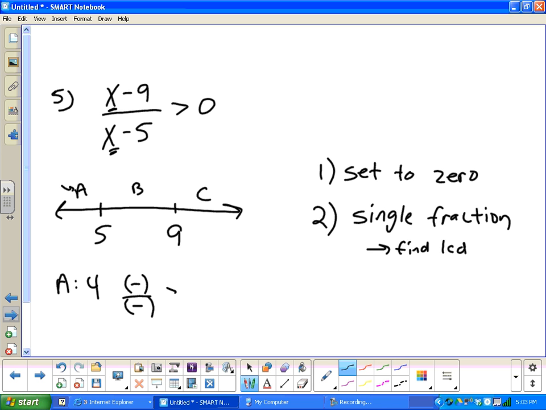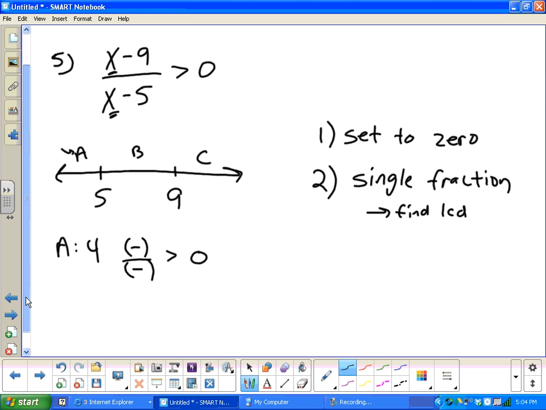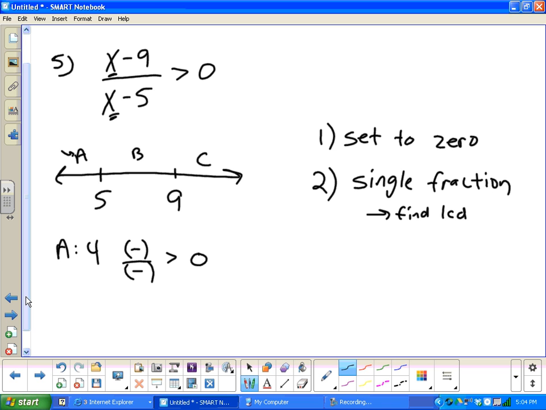And now this is supposed to be greater than 0. So if this is true, that means A is going to be a solution for me. So a negative over a negative, though, is a positive. And a positive would be greater than 0. So the interval A is a solution. So we'll shade it in. Now, this said just greater than, so that means 5 here has to be open.